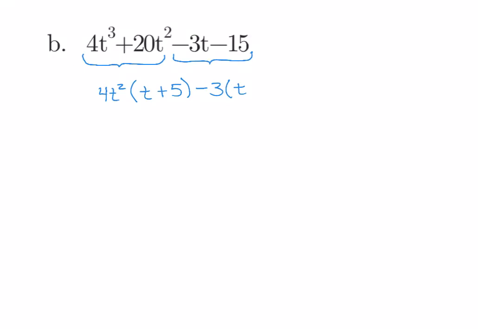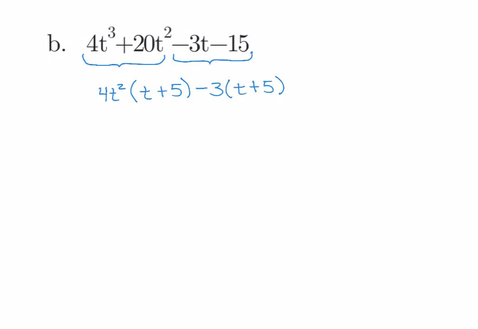Second term, if I divide negative 15 by negative 3, I am left with plus 5. Now, if you get that your binomials are not the same, then you do want to check that you factored out your negative. That's always going to be the first thing that might be an issue.